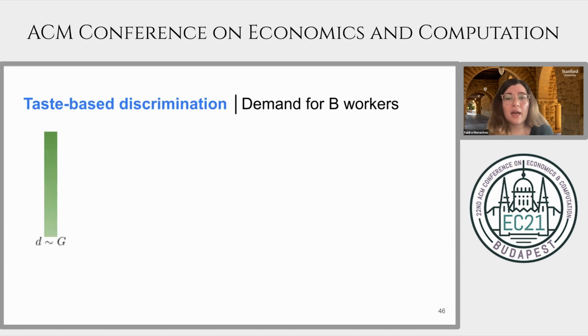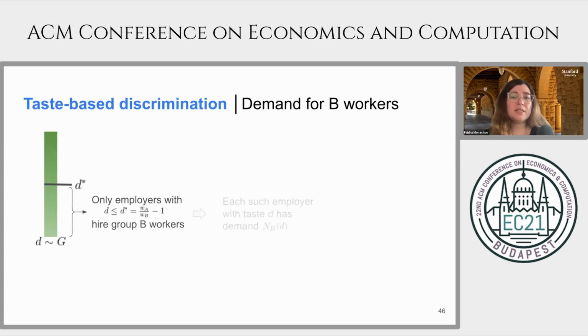And this taste D across employers is described by this distribution G. And from what we saw just like on the previous slide, only employers with taste at most D star will hire group B workers. And each such employer with taste D will have some demand described by some function NB of D that we can easily compute by solving its employer's optimization problem.